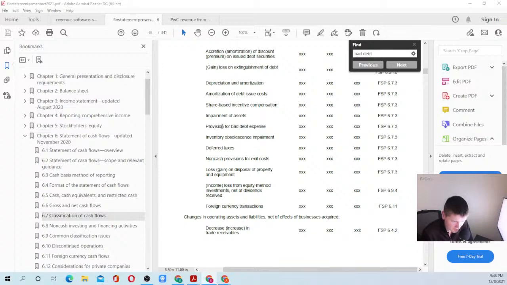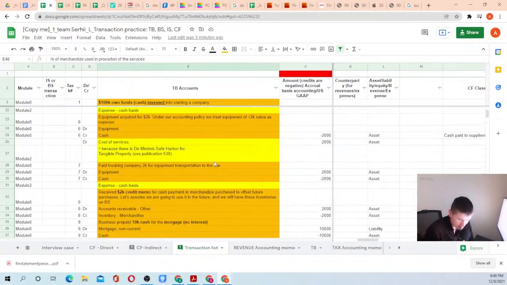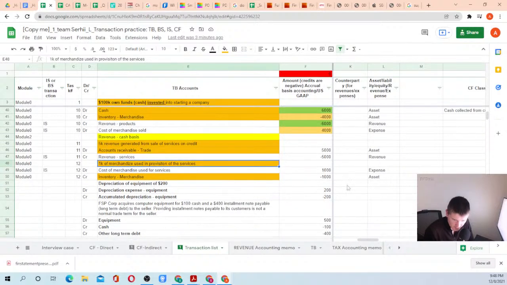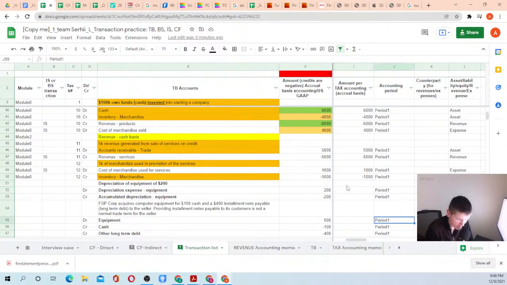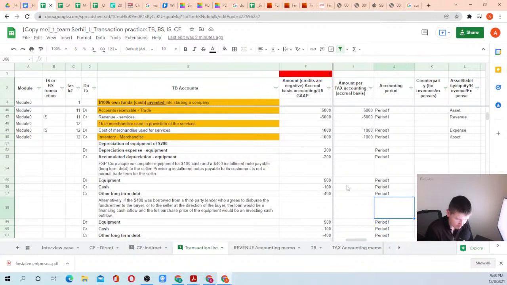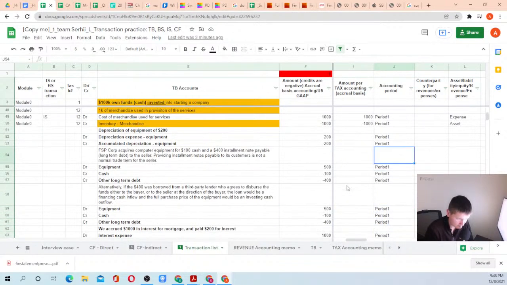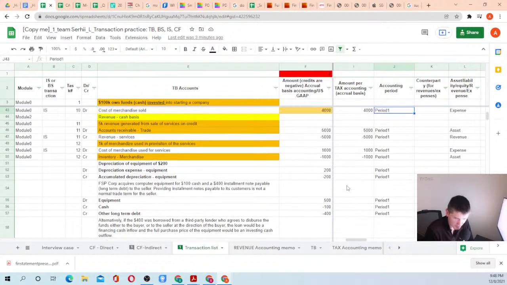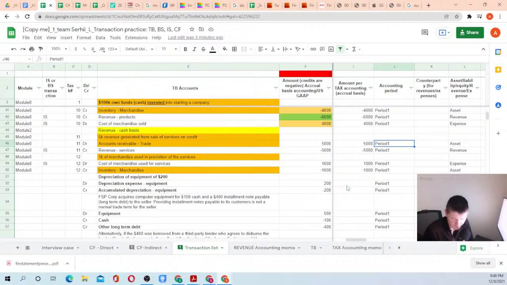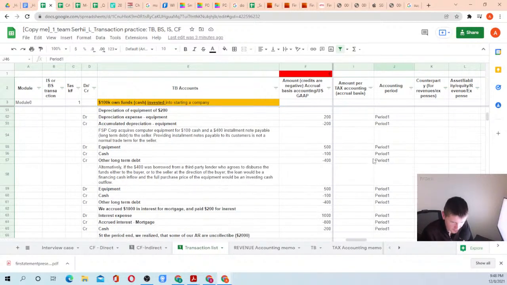Okay, let's do items one by one. So now we did period 1, we did period 1 inventory accounts receivable allowance.